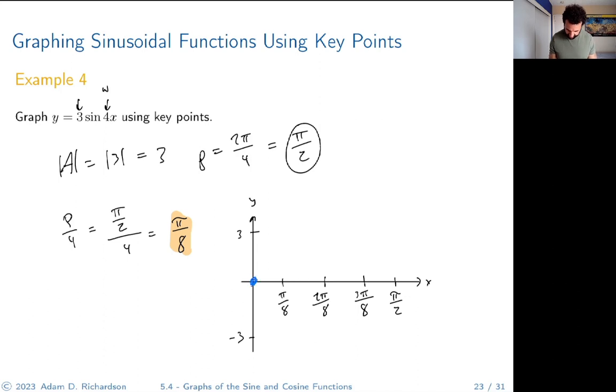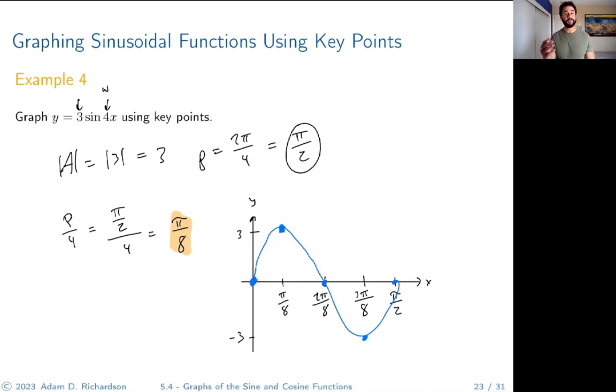All right, sine starts at 0, then it goes up at pi over 8, then it's going to come back down to 0, then it's going to go down here, and then it's going to go up here. So our graph should look something like this. It's not too bad. There we go. And that's what the graph looks like. And we're done. That's pretty much it.